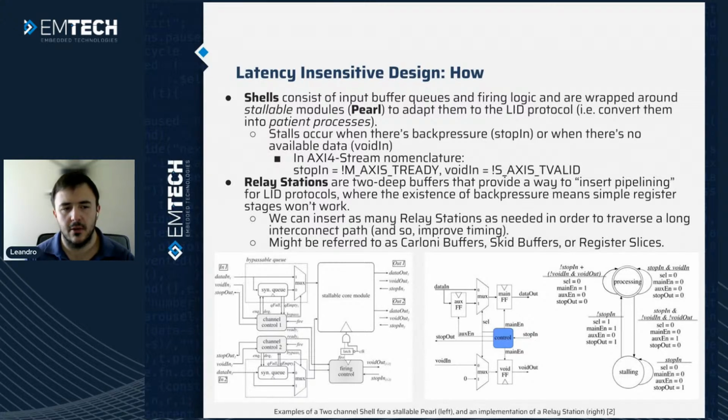You have to cut the combinatorial path, so you can achieve better timing. There is just a small caveat. You will see that the stopping signal in the original Carloni buffer is not registered. It goes through a combinatorial FSM, and that's also not ideal.